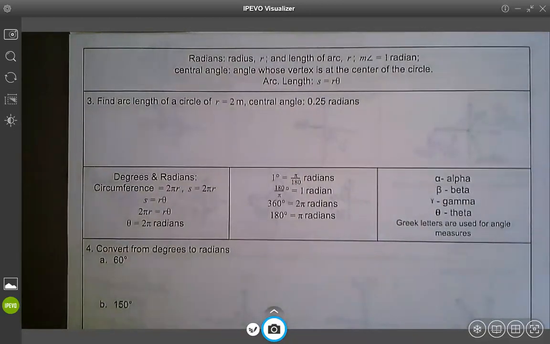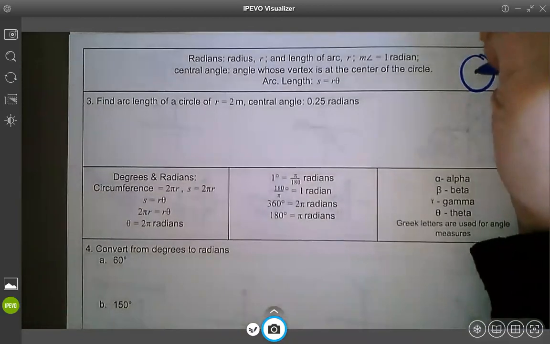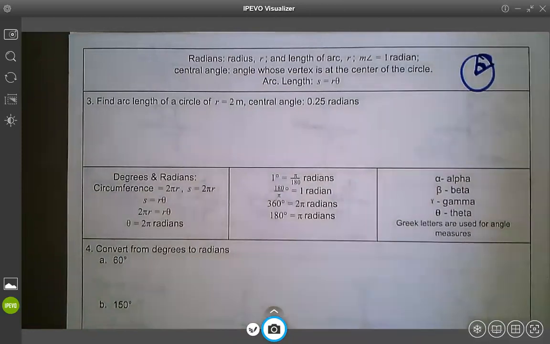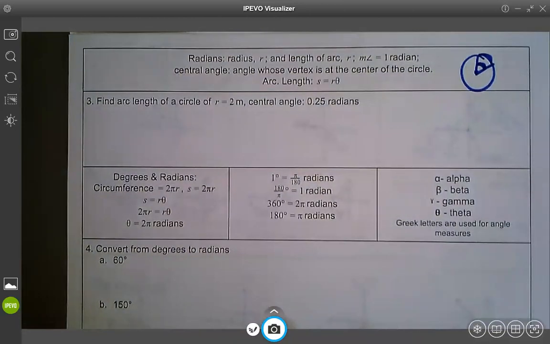I don't remember correctly the definition. A central angle is an angle whose vertex is at the center of the circle. So a central angle would be this angle right here, and this arc length would be equivalent to this angle measure. That's a Math 3 thing, I don't know if y'all had Math 3 last semester, it might have been cut out a little bit.